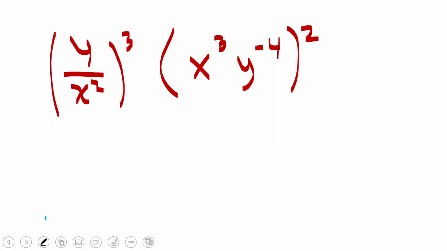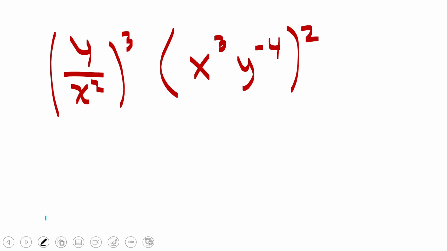We're going to look at this example. Let's check it out. Remember, outside the parentheses, an exponent means that term is multiplied by itself as many times as it says. Carefully apply in multiplication your exponent to everything inside the parenthesis set.